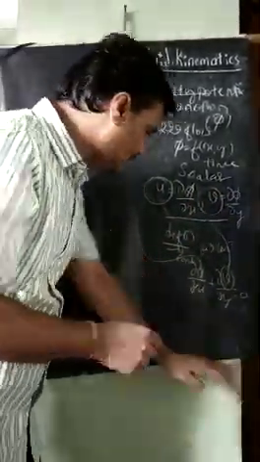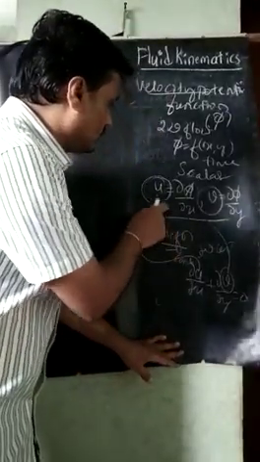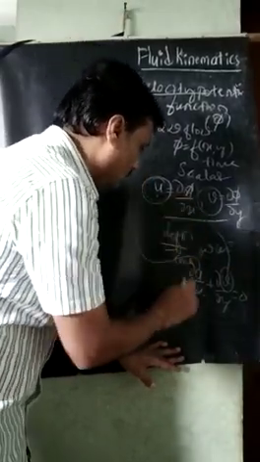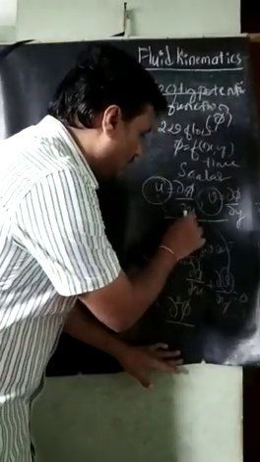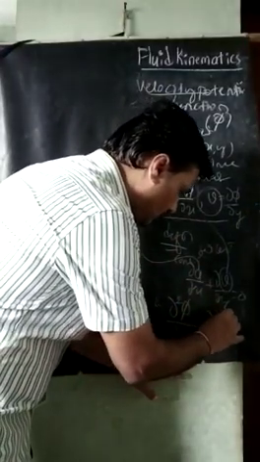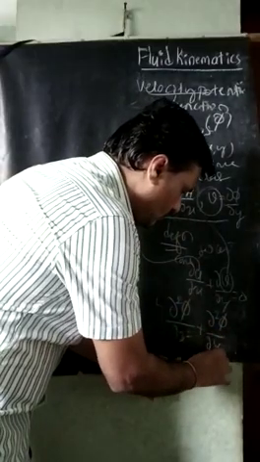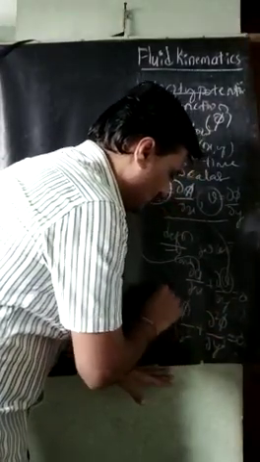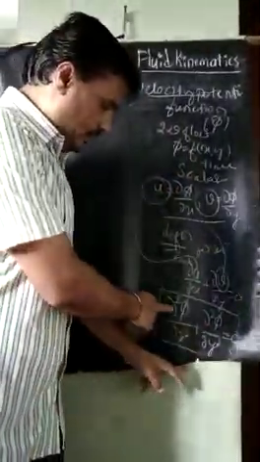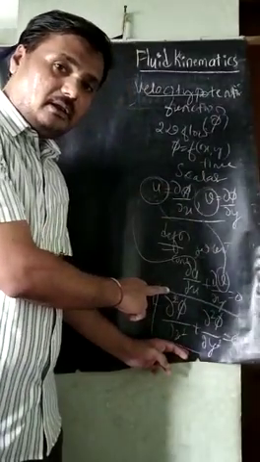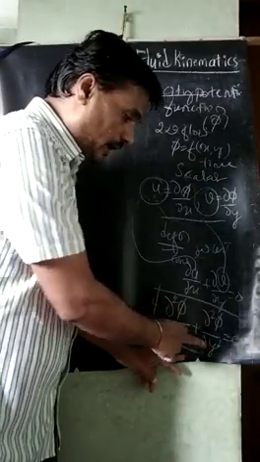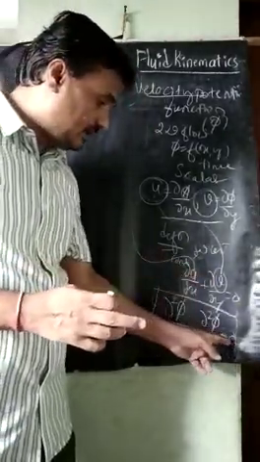What will happen now? See here. If I substitute the u value, what do I get? Dou square phi divided by dou x square plus dou square phi divided by dou y square is equal to 0. What does this equation tell? The second order differential of the velocity potential function with respect to x and y, added together, gives 0.